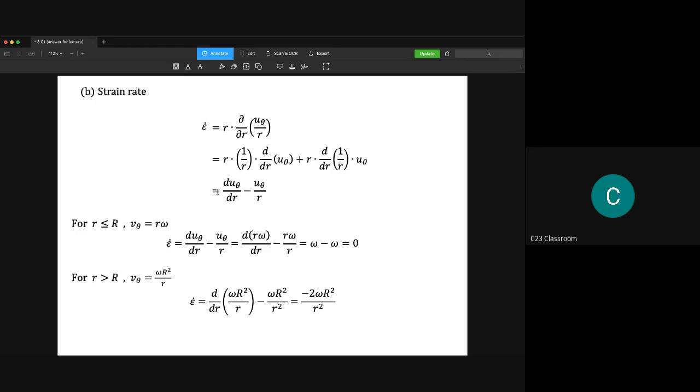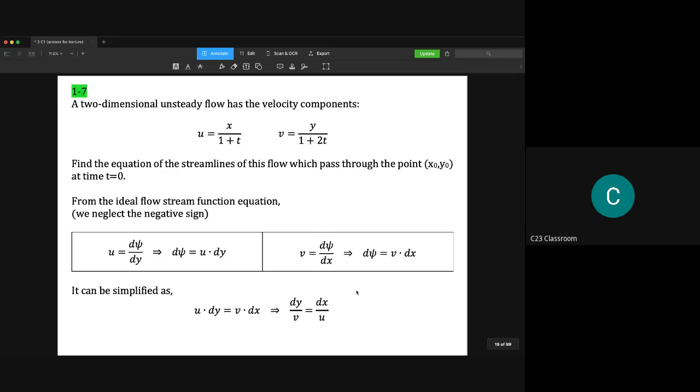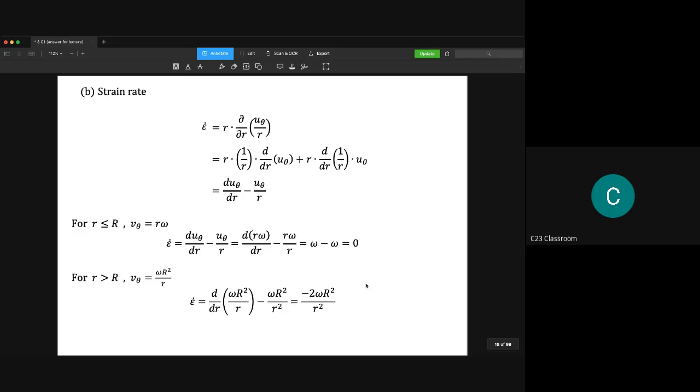Then we substitute with the range here, for r less than R and r greater than R, so you could get each value. Maybe I am not so familiar with the calculation of strain rate for fluid here, but to answer the question, this is the answer.